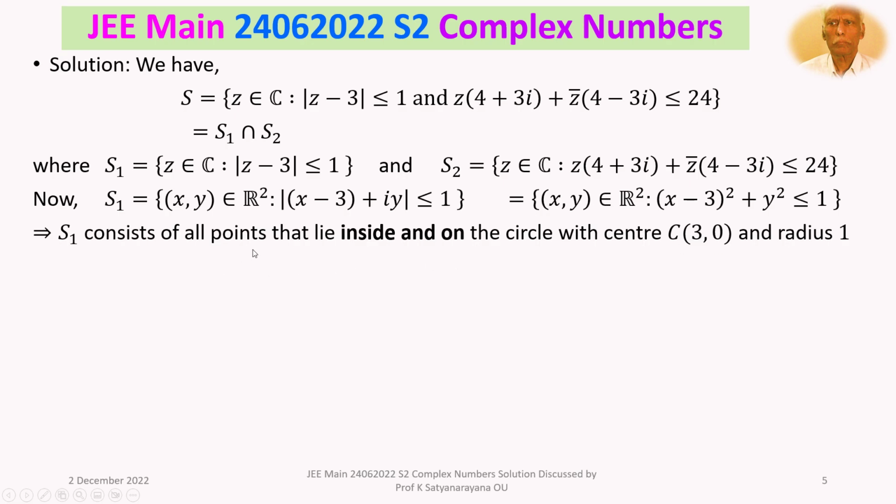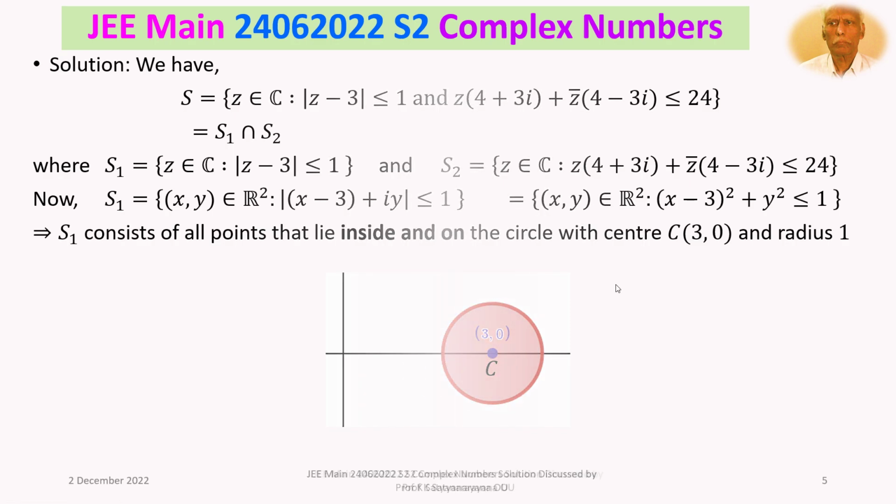So S1 consists of all points that lie inside and on this circle with the center C at (3, 0) and radius 1. So this is the figure. This is the diagram. So x-axis, real axis, imaginary axis, the circle with the center C, radius 1, and all points that lie inside and on this circle. So that is S1.